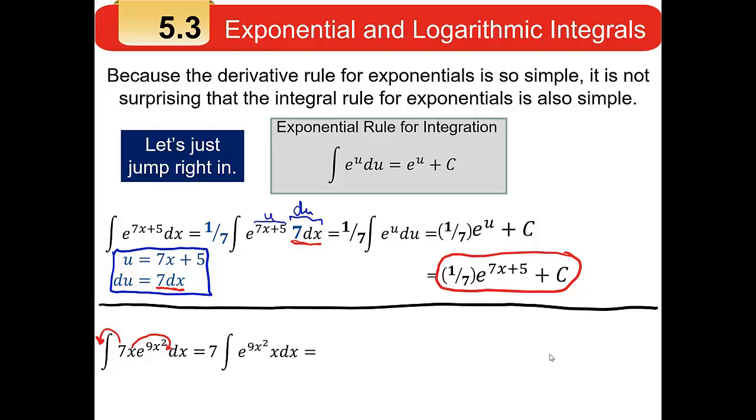I'm pretty sure, thinking ahead, that when u is equal to 9x squared, du is going to be 18x dx. I have the x dx sitting there, you can see, but the x is on the left side of the exponential. I think I'll slide it over, and also remember that the numerical value can be pulled outside of the integral sign just so it's out of the way.